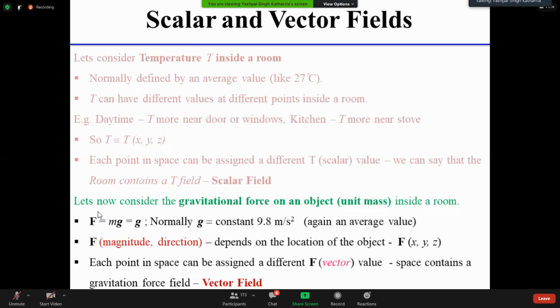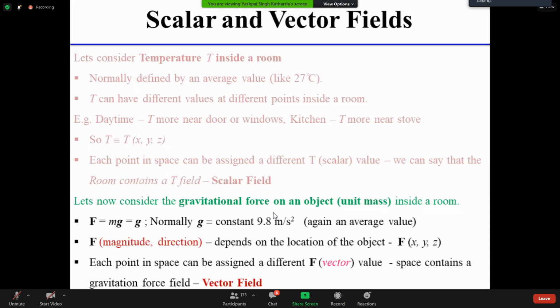Near the Earth's surface, the value of g is about 9.8 meters per second squared. If you then calculate the gravitational force, it will simply be m times g, so g Newton. However, this is also an average value.